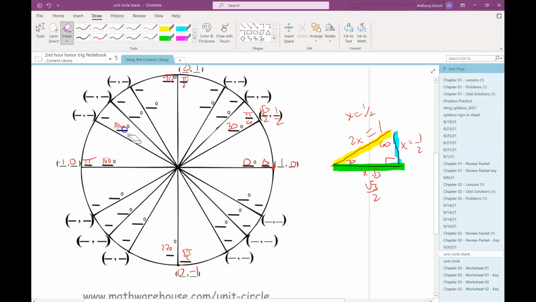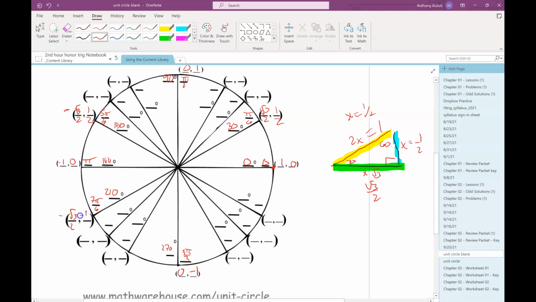We saw that 150 or 5 pi over 6 also has a 30-degree reference angle. So it's going to be the same x and y coordinates, except we know the x coordinate is negative because we're in the second quadrant. 210 degrees or 7 pi over 6 also has a 30-degree reference angle.